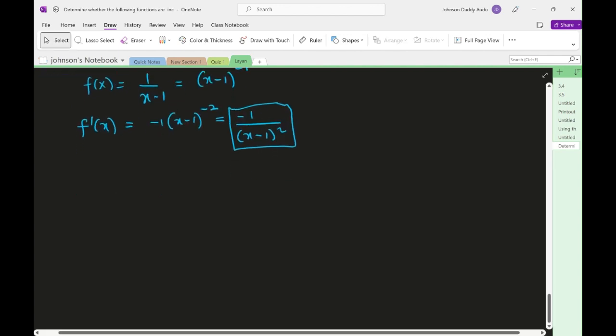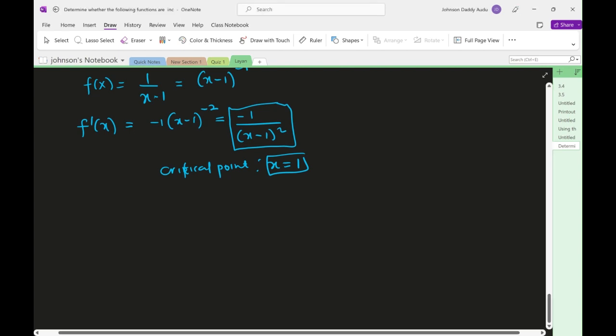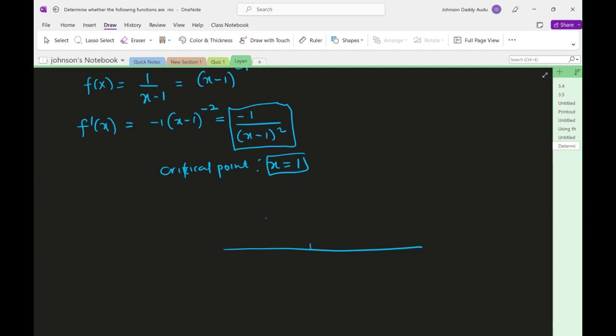And from this derivative, you can get what? The critical point. The critical point will just be x equals 1, because at x equals 1, the derivative is not defined. So once you have this, all you need to do is go and draw your number line and put the critical point, which is 1.